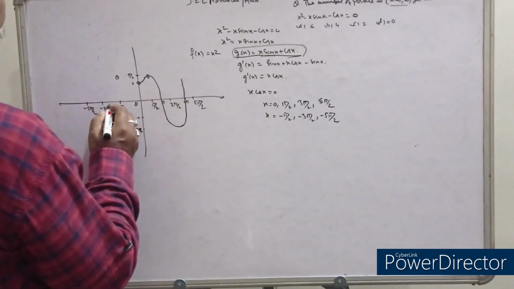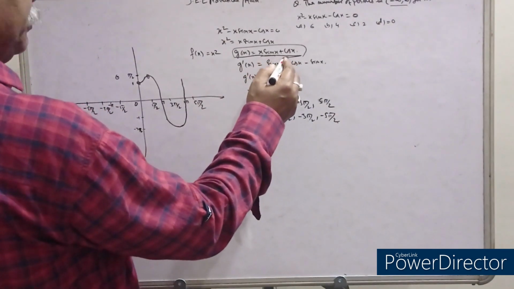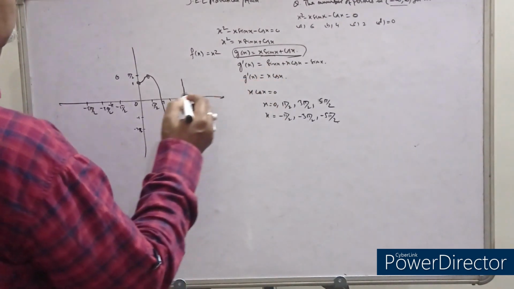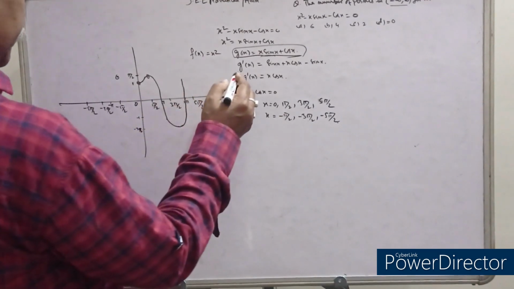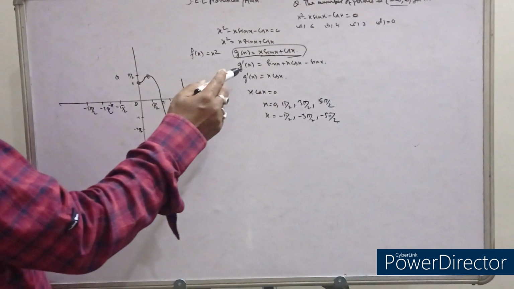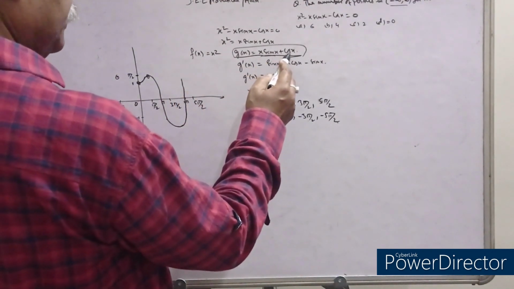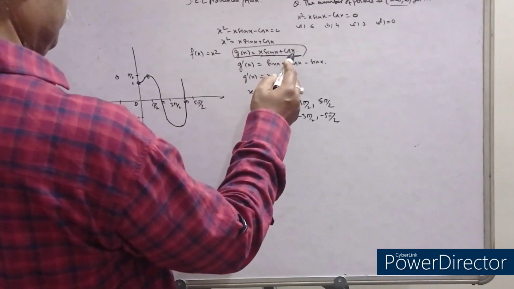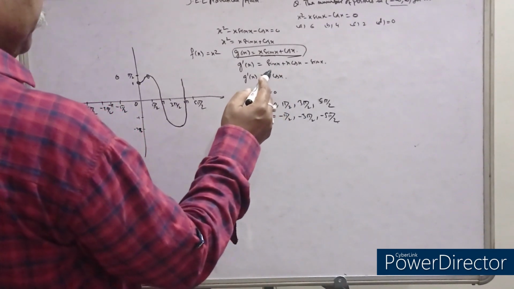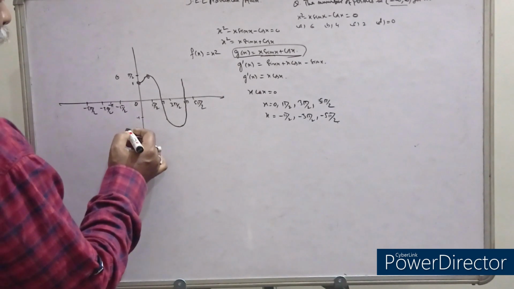Again for minus pi, this will be 0, and this will be positive 1. For minus pi, that means positive, it will be again minus pi, that is equal to minus 1.